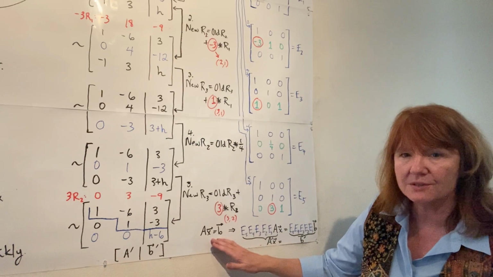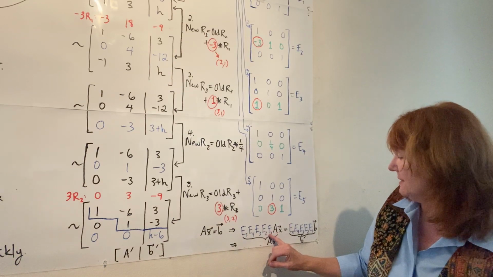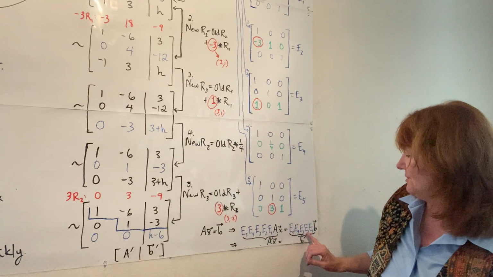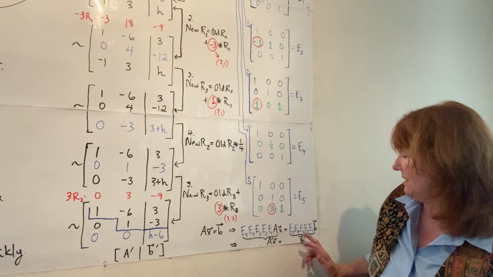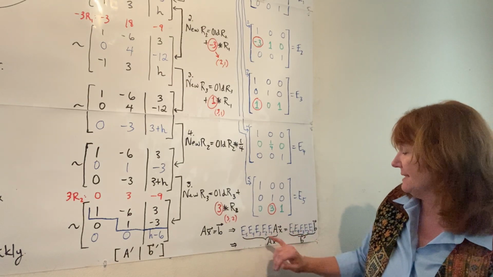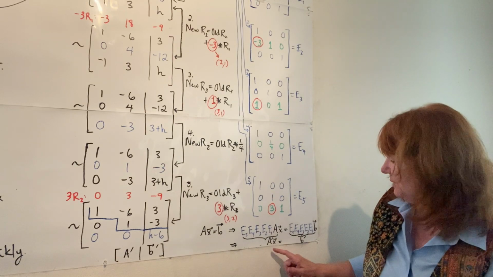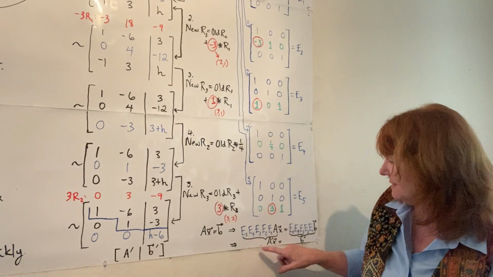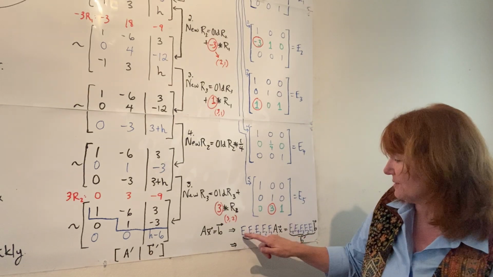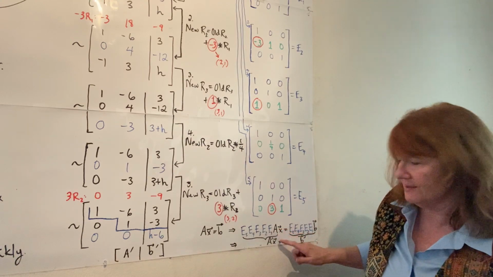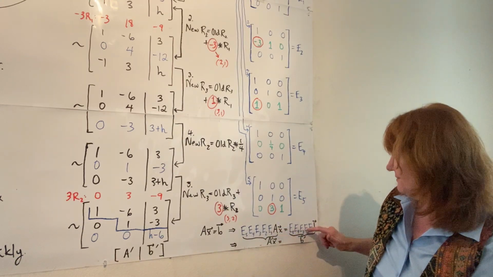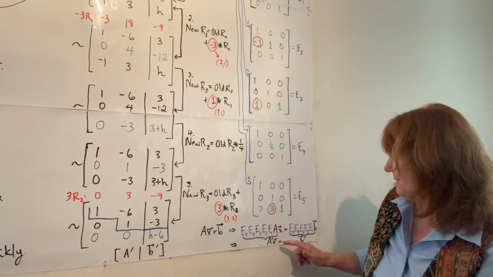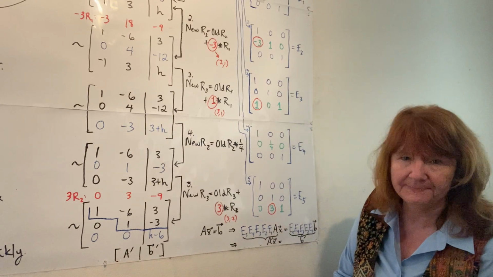AX equal to B, the original system, we would have multiplied it on the left by E1 at first, then multiplied that result by E2, then by E3 and E4 and E5, getting this equation. So what does the last augmented matrix look like? It has this A prime, which is a product of these 6 matrices, equal to a product of these 5 matrices multiplied by the original B vector. That's what A prime X equal to B prime really is.